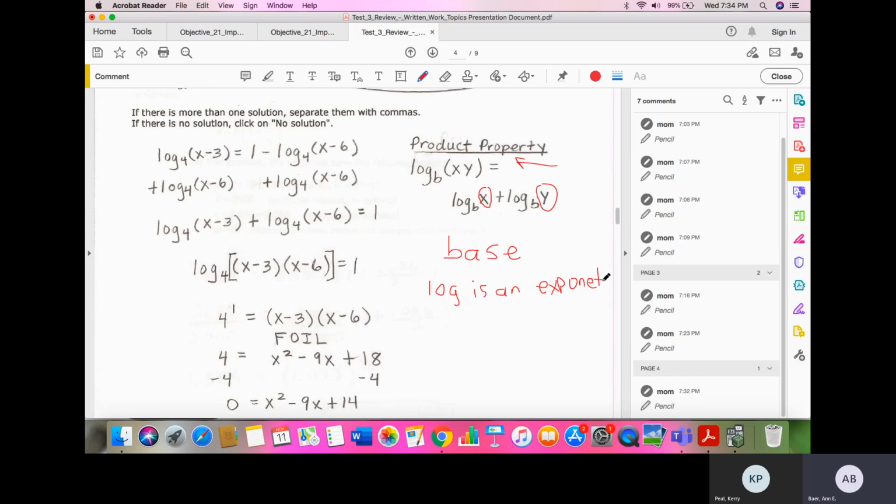Okay, so we've got the log as an exponent. And then what's left? So then I'm going to write down what's left. This is the way I usually think about it.